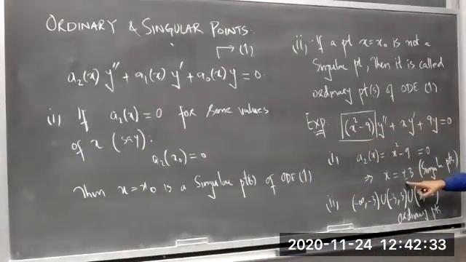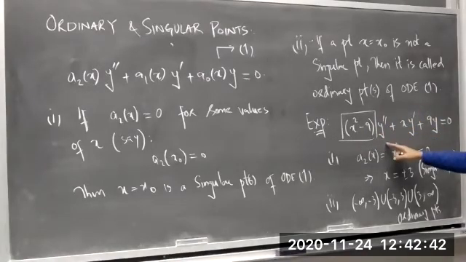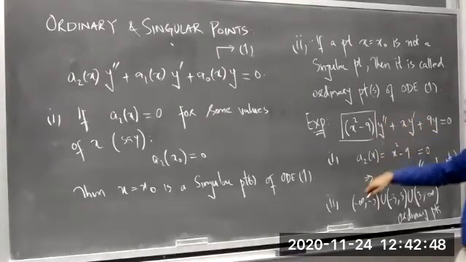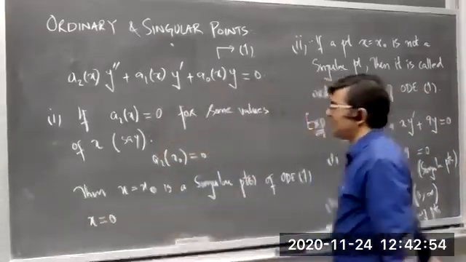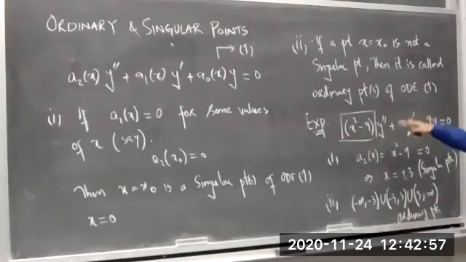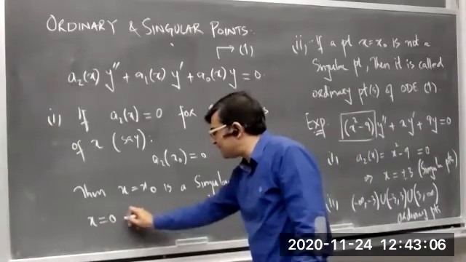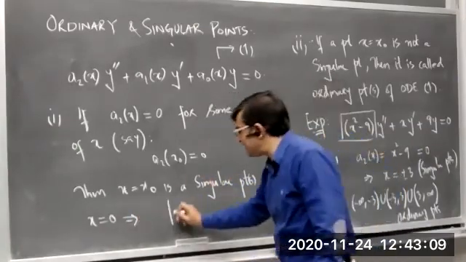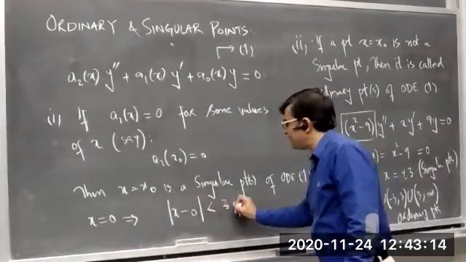Here we have plus minus 3 as the singular points. Now, if we try to solve this differential equation using the power series method around the point x equal to 0, then we must get two power series solutions of this differential equation, where the interval of convergence of both those power series should be mod x minus 0 less than 3.